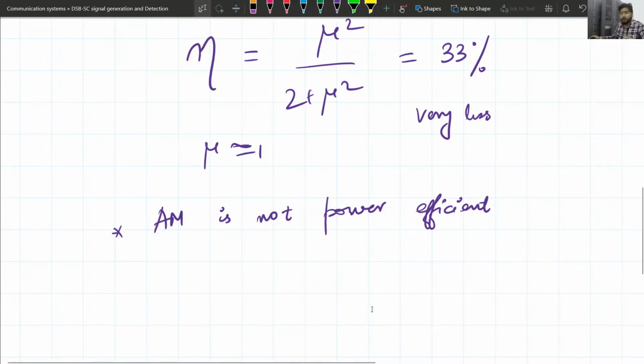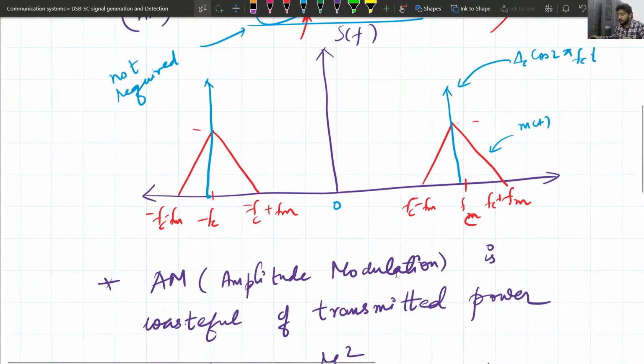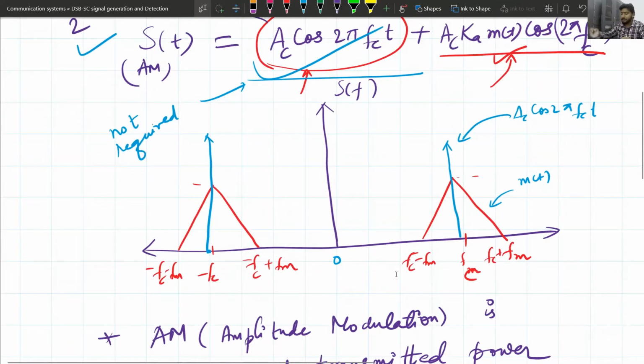The second point about the amplitude modulation is about the sideband transmission.